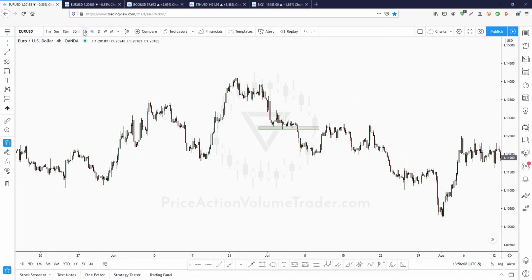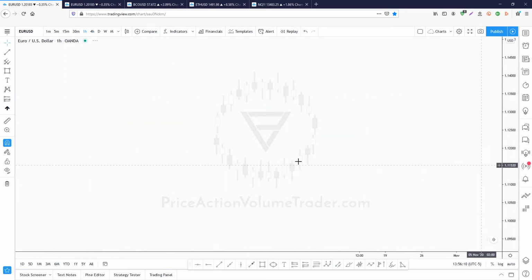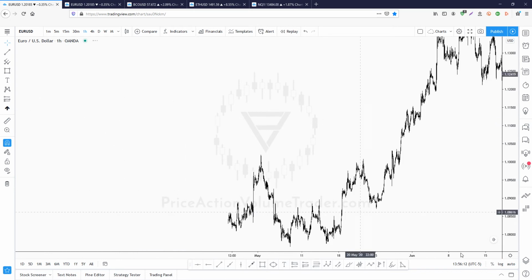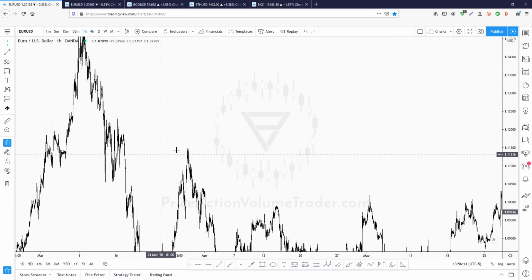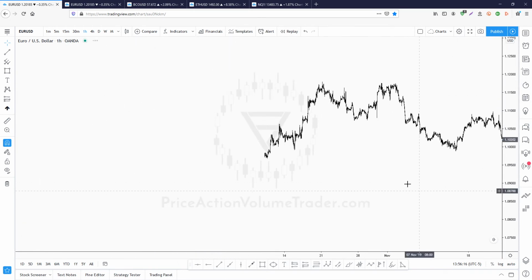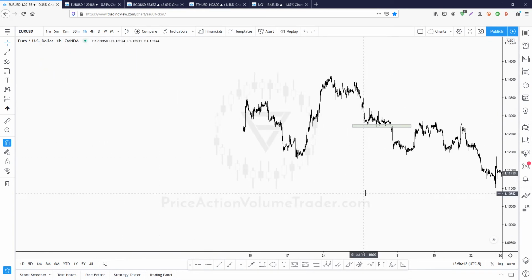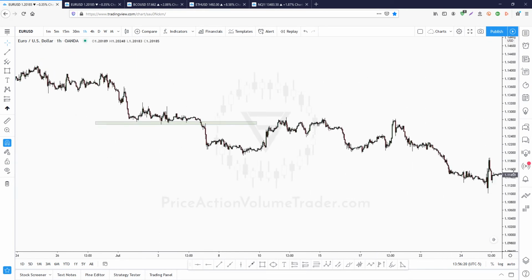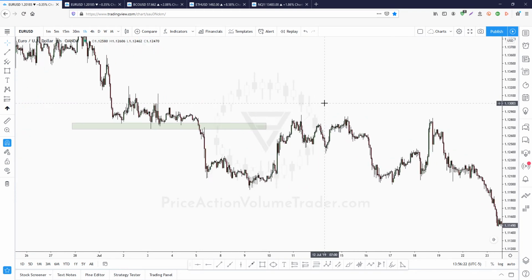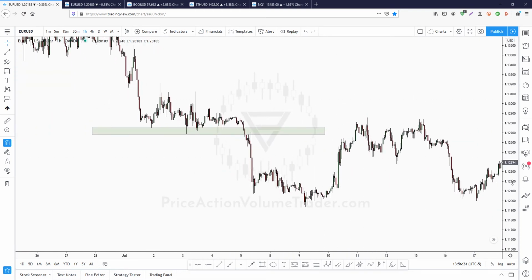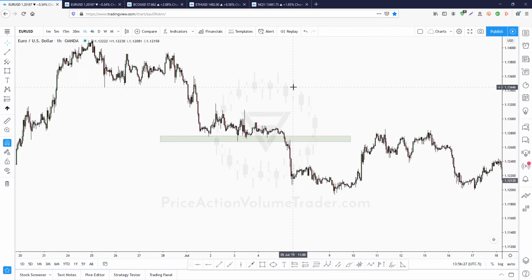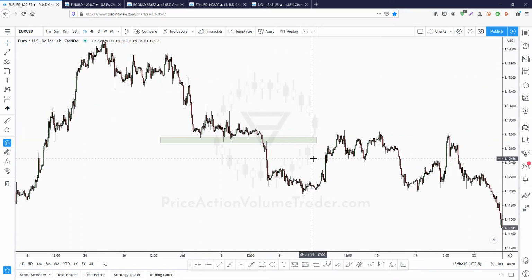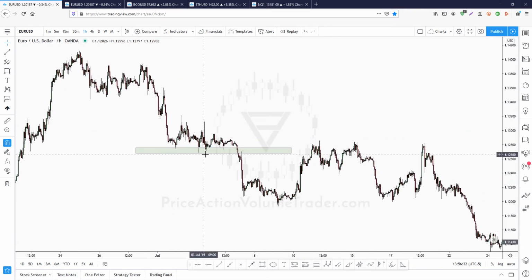If you want, let's go into a 1 hour, and then you can see what we mean by that. So we have the 1 hour time frame. We can see we're clearly trending down. It's a very strong downtrend.